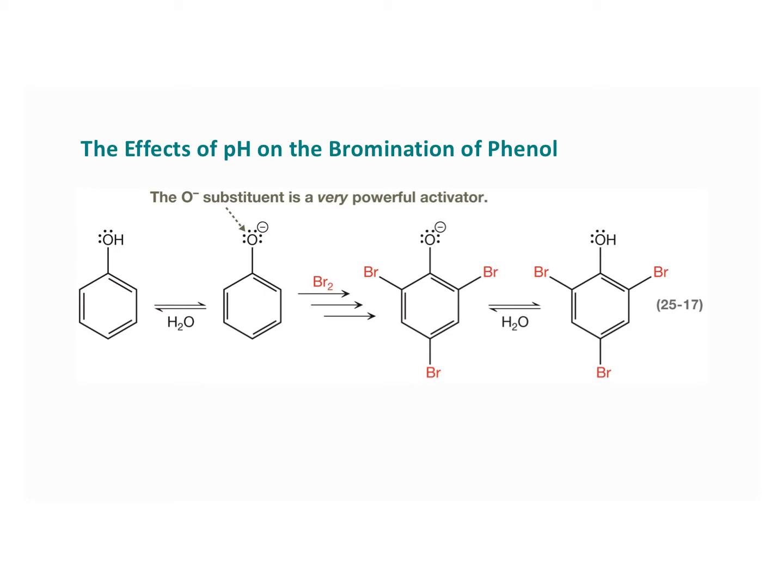And so even though just a very little bit of this phenoxide ion, so that's called a phenoxide ion, is present, the O- substituent here is a very powerful activating group. And it's much better than OH.